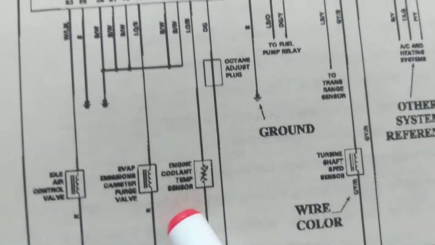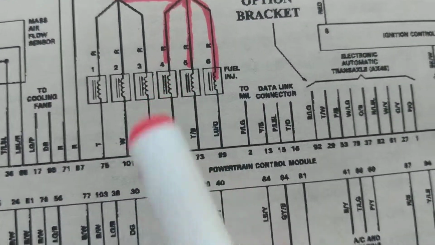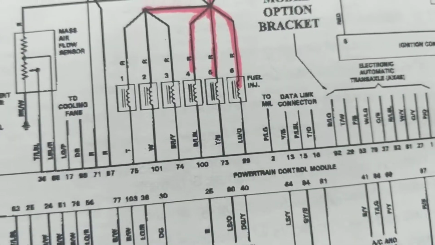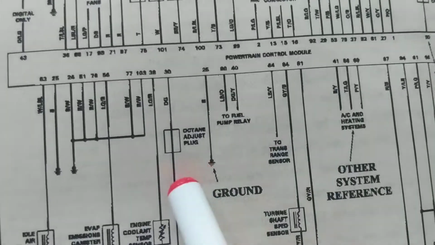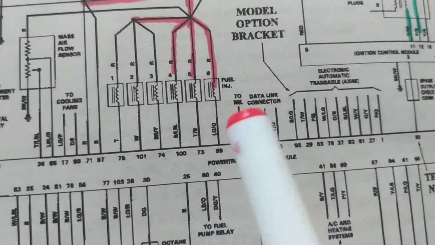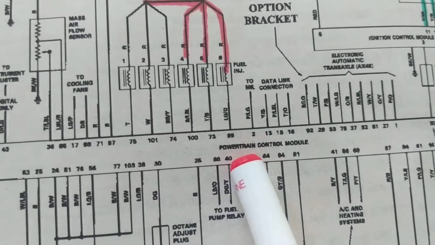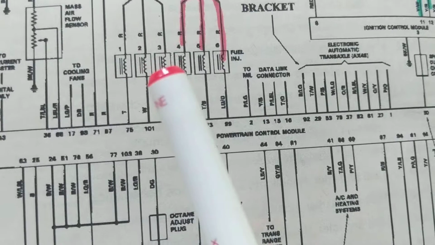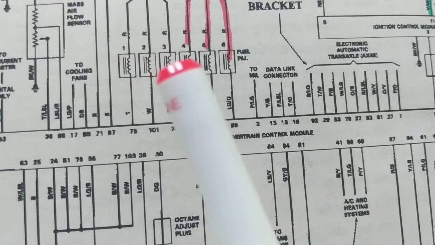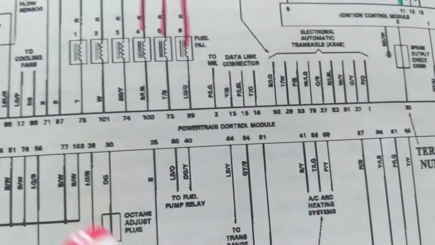Okay? Now, what's an output? A fuel injector. We control the fuel. Therefore, it is an output. That's how you break it down. Expect to see sensors are inputs. Remember, whatever controls the engine is the PCM. Whatever controls accessories, lights, doors, locks, theft systems, those are the body control module.